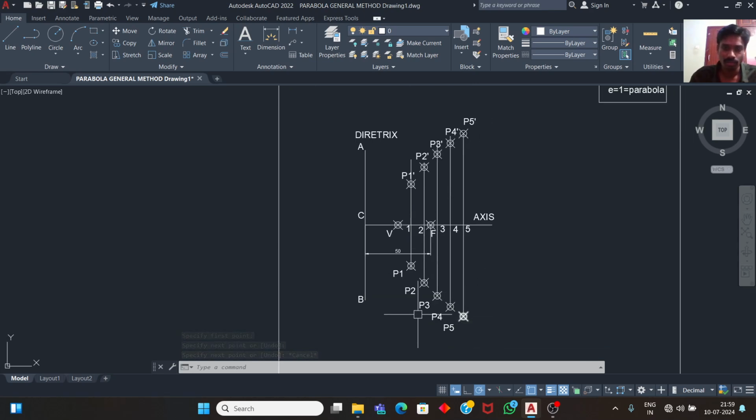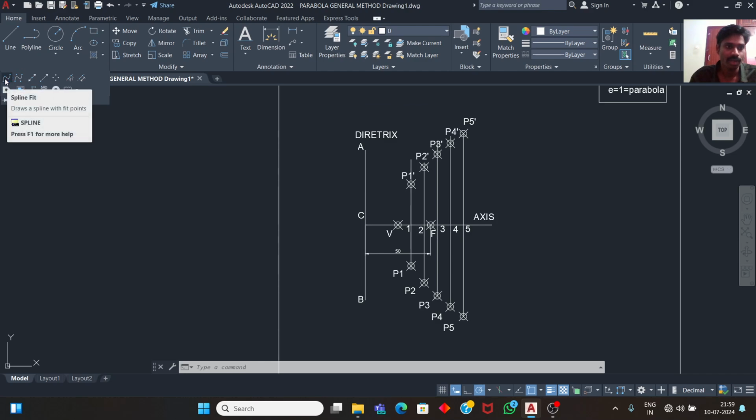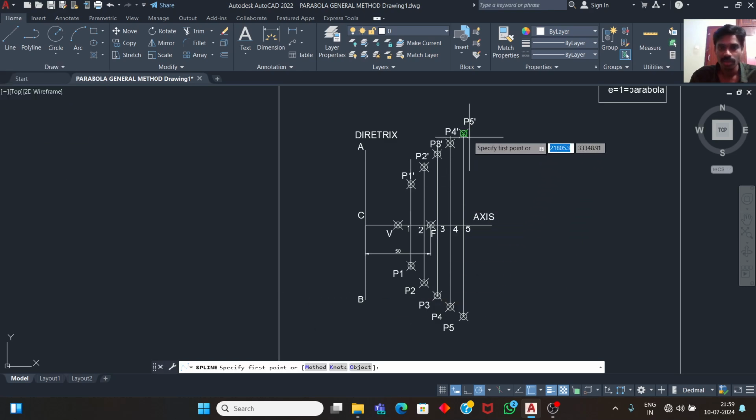Okay, now all points we have located. So with the help of the spline command, we are going to join all these points. The spline command will be available on the draw ribbon area. In this draw toolbar, we have a spline fit. Using this command, we are going to join all these points.